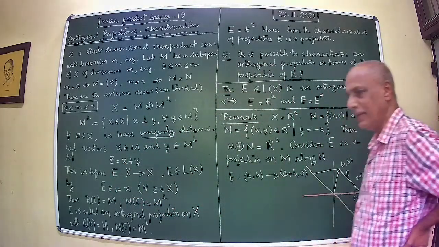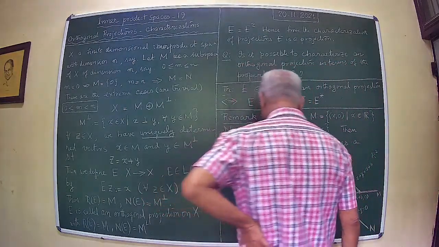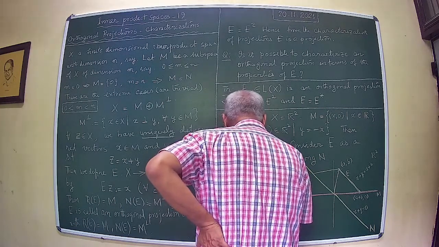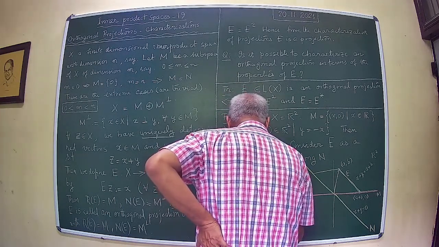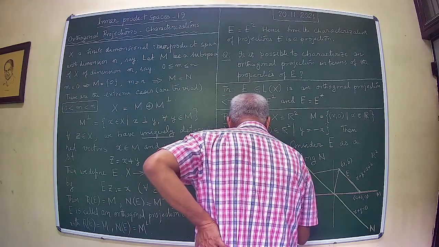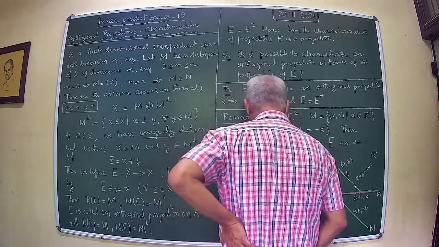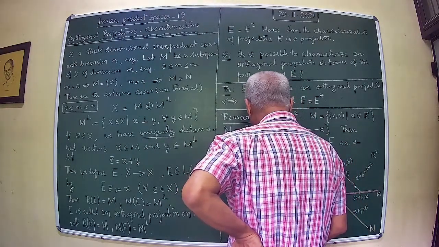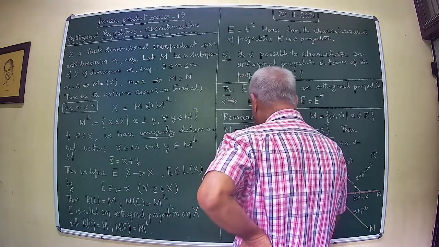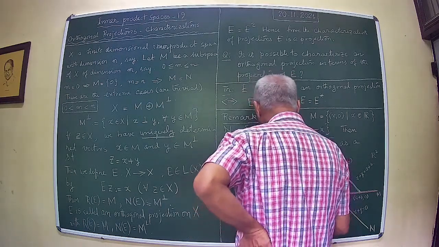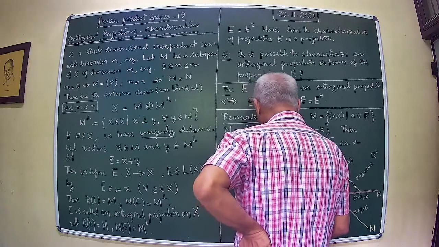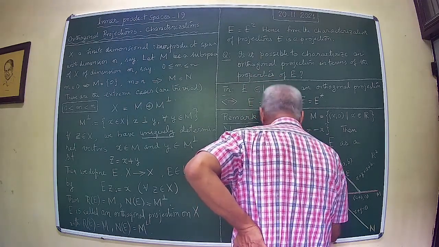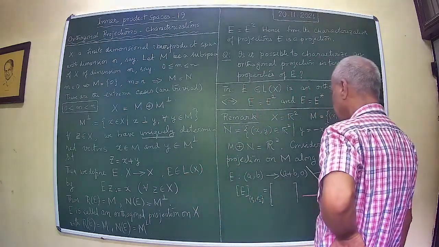Now let us look at the matrix representation in terms of the standard basis. So the matrix representation of E in terms of the standard basis e1, e2 will be given by the map that carries (a, b) to (a plus b, 0). So you can easily see that this is the following. Okay.